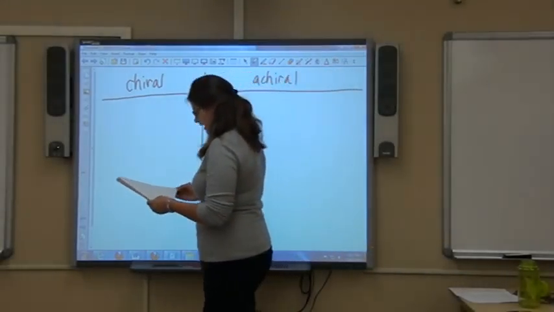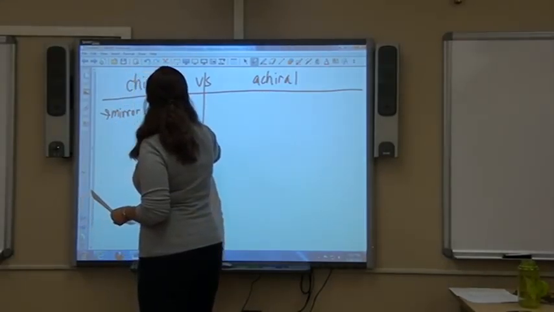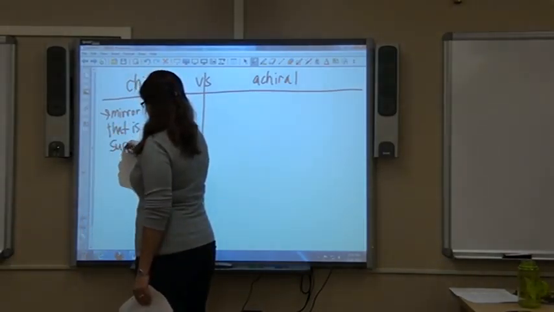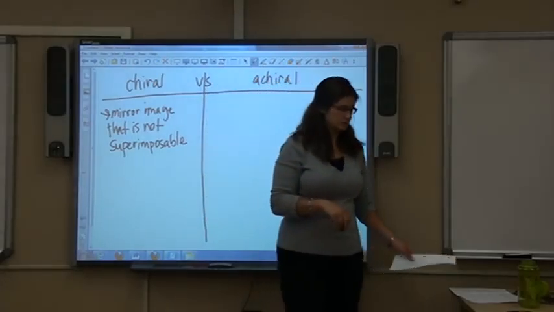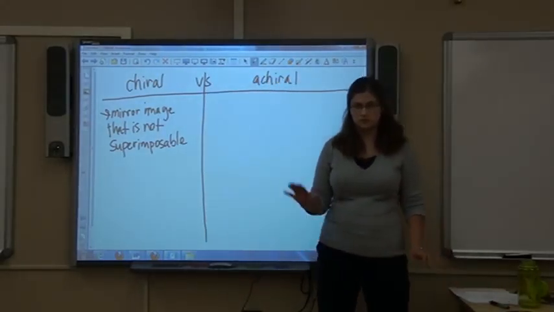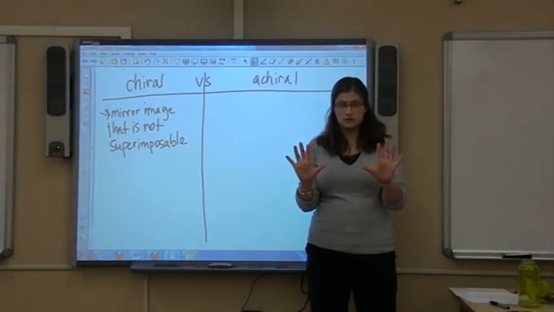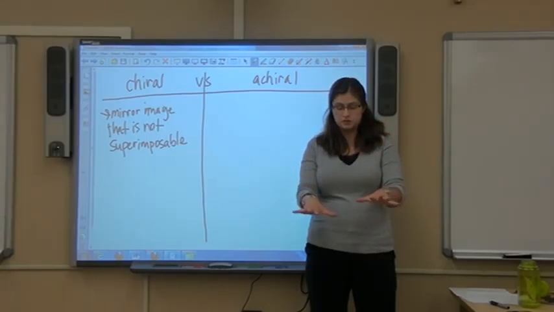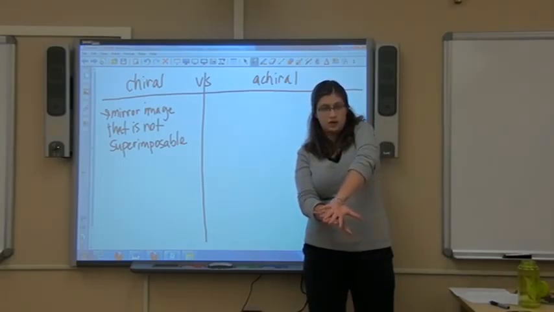A chiral molecule has a mirror image that is not superimposable. In other words, let's say that my right hand is a molecule, and I were to take its mirror image, my left hand is its exact mirror image, and I were to try to put them so that they were superimposed, which means that I would try to lay my hands in such a way that they would be exactly the same together, you can't do it.